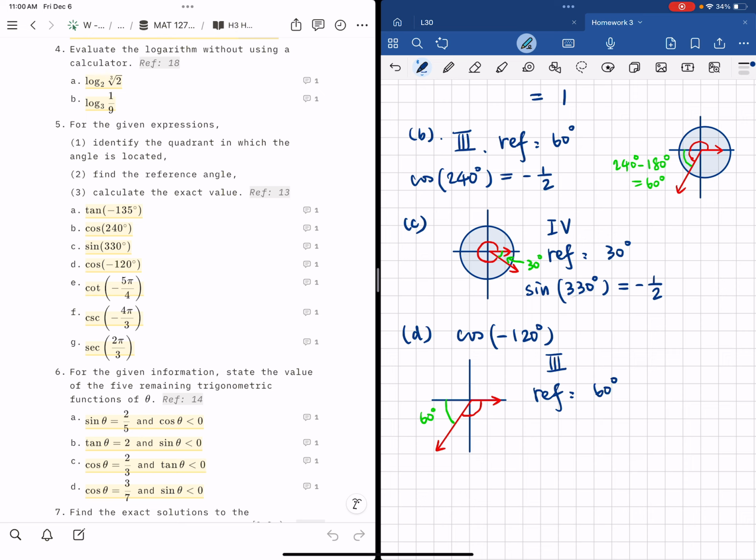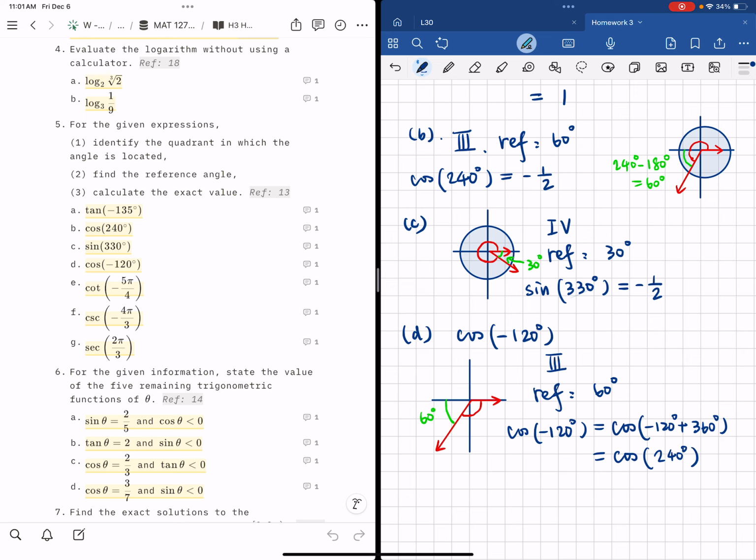And in terms of the exact value, I'm going to use coterminal angles. So basically plus 360. This comes from the fact that the period of cosine is 360. If you do a full rotation, it's still the same angle. So that's 240 degrees.